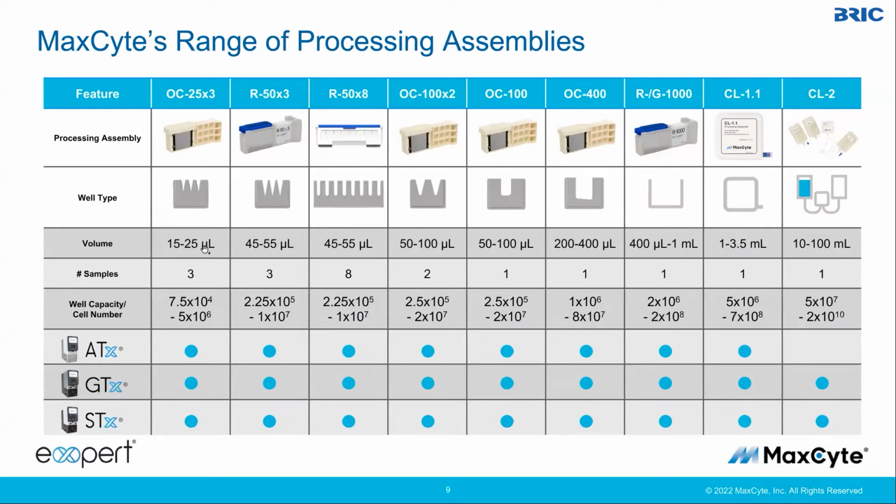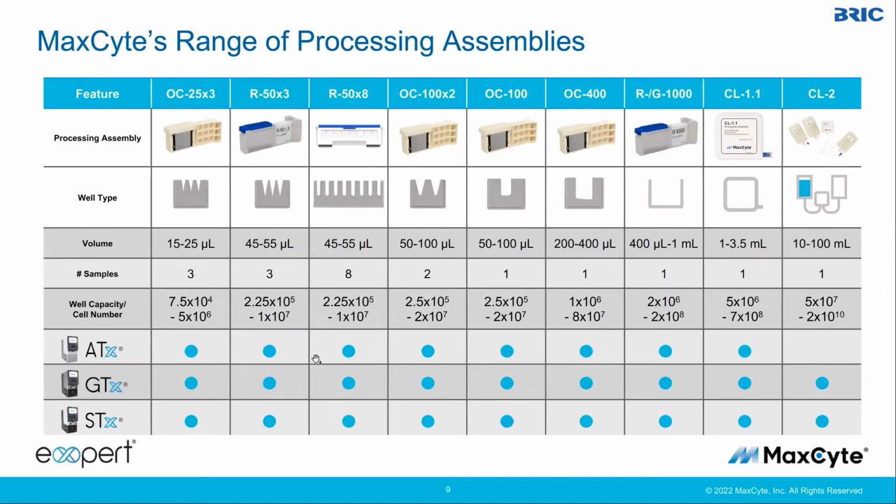So if you go from 50 microliters to 1 mL, you just keep that same concentration, but increase the volume. So we're able to scale seamlessly from microliters all the way to mLs. And like I mentioned, with the CL2, you can go up to 100 mLs and 20 billion cells.